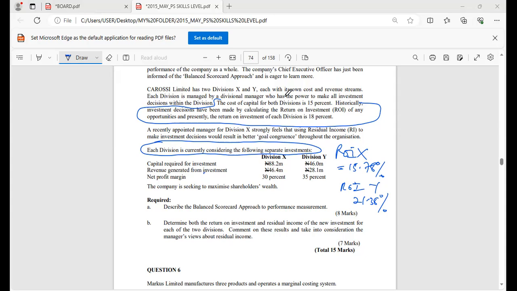Let's proceed. The managers of division Y are likely to accept the investment as it has an ROI of 21.38%.